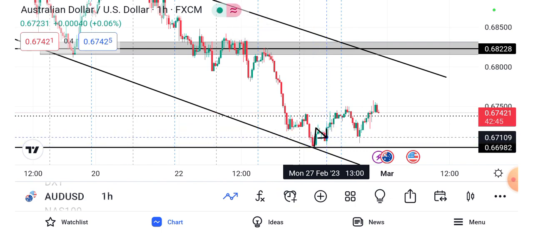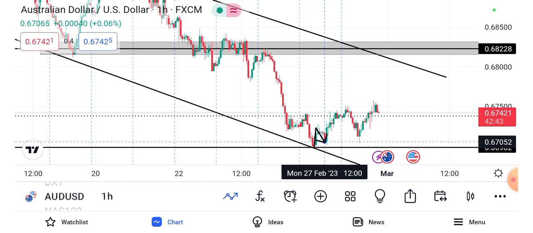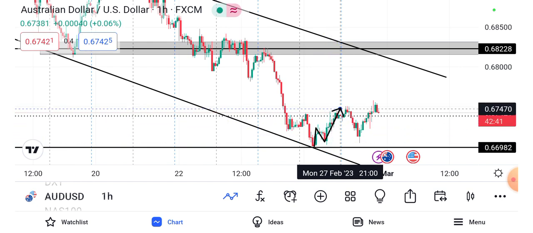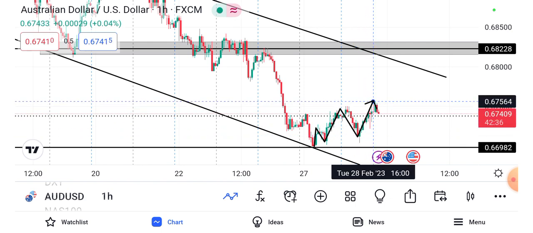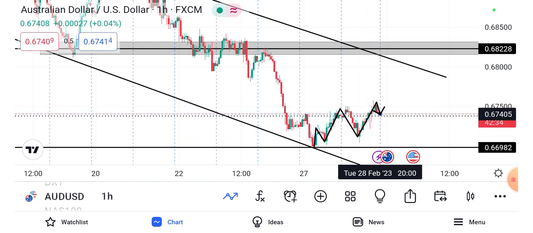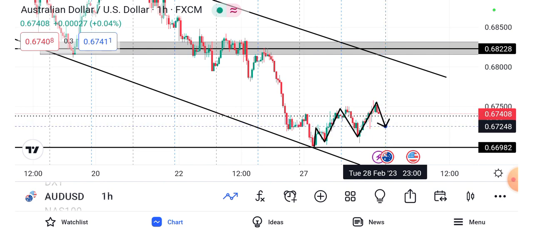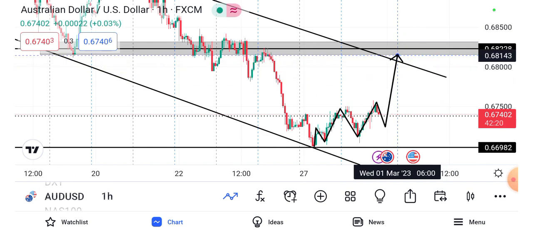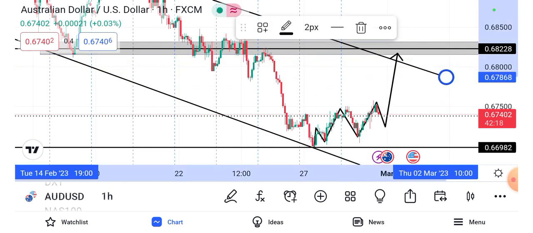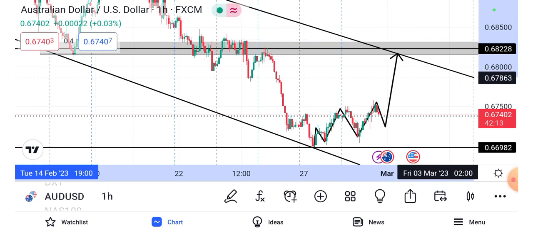This is the small shoulder right here, and then this is the head, and now what is happening is that it's actually creating a shoulder. So from here we might expect it to retest to this level right here, and then we're going all the way up from here. We're not even looking back, guys. From here we're going to be shooting to the moon, right?